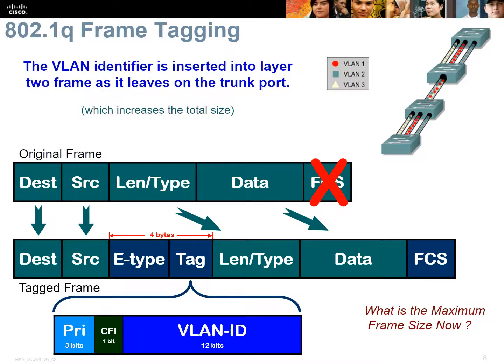This is now bigger. So what's the maximum frame size now? Hopefully you all just shout at the screen what the maximum frame size is now. It's now 1522, because the default maximum frame size is 1518 and we have added more into it.